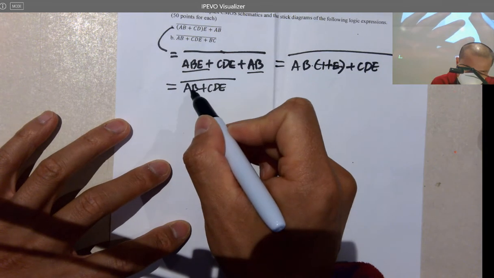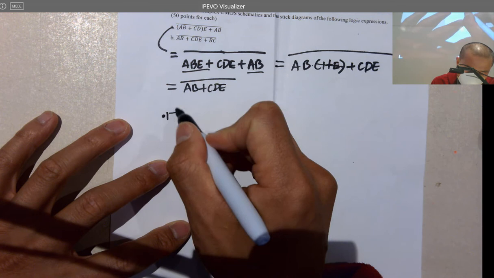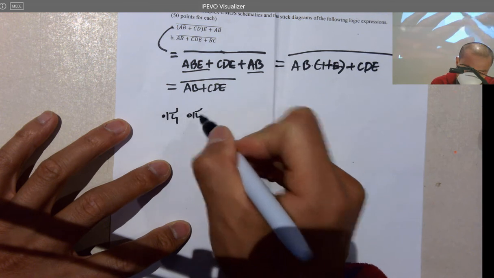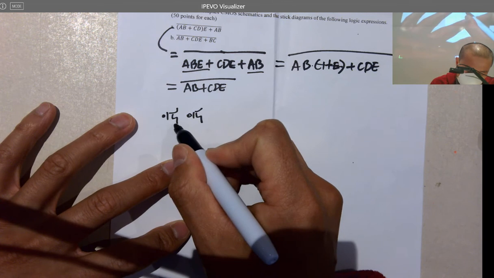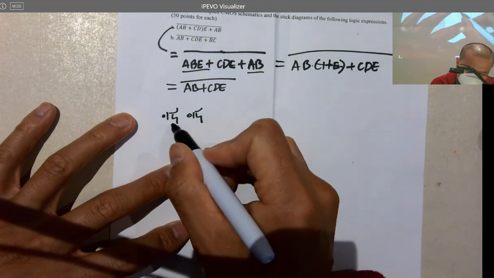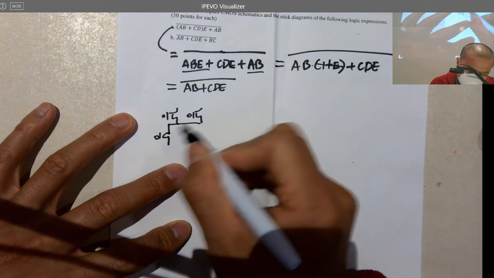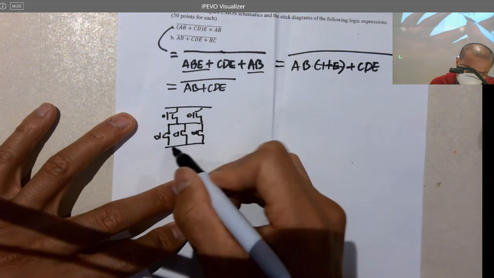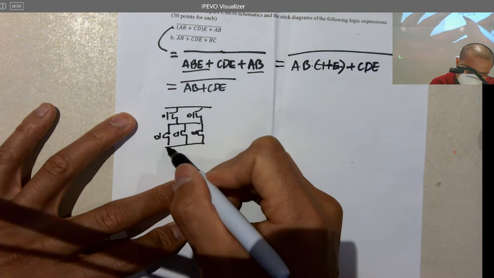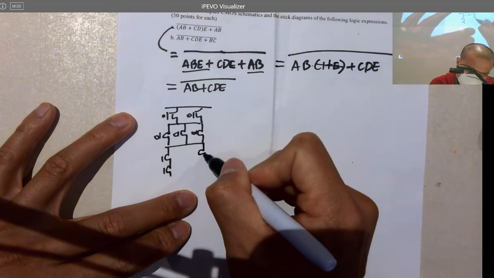It's an unlogic, so you are getting AB in parallel, and then CDE in parallel as well. And then in series, right? AB in series and CDE in series.